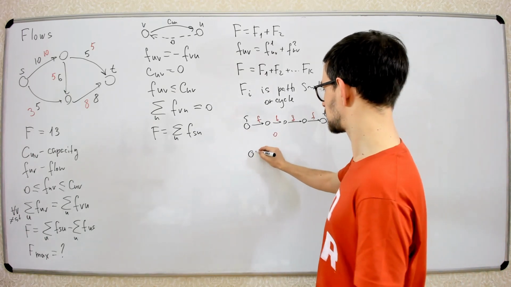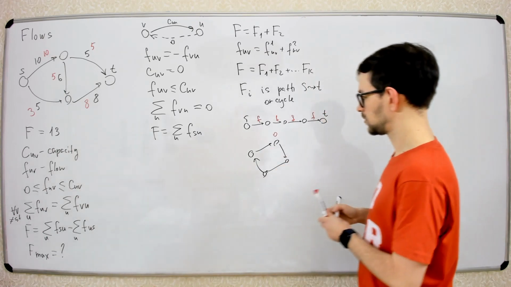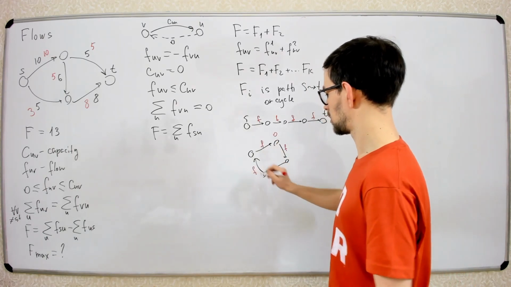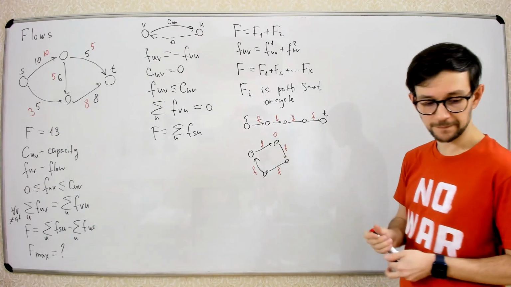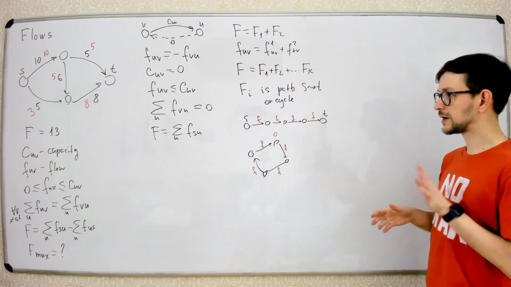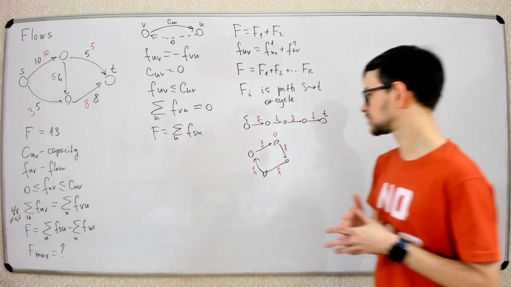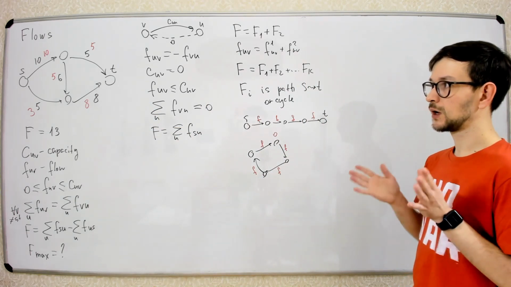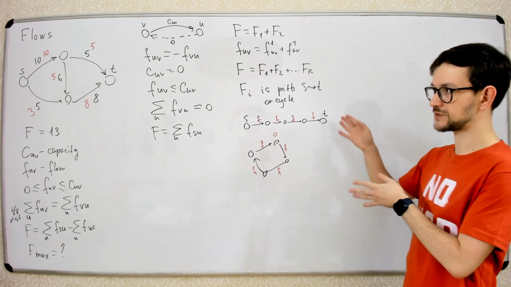If you have a cycle, you may have some same flow flowing around the cycle, and everything else is 0. So we can decompose the flow into smaller flows like this or like this. Let's prove it constructively, so we'll just construct this set of paths and cycles.